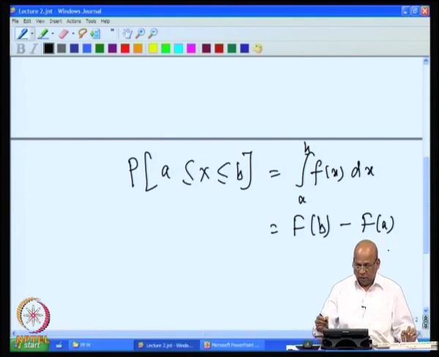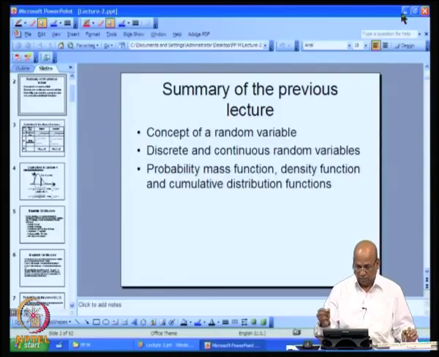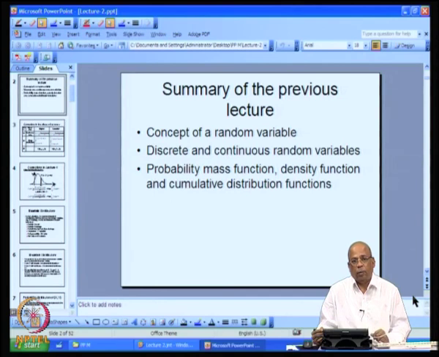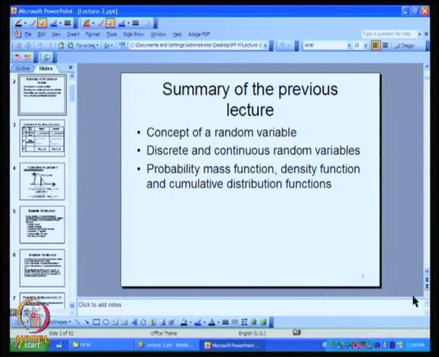Then we examined a few applications related to these in terms of simple numerical examples to drive home the point that we can estimate the probabilities from the given CDFs. We also indicated that the PDF is not in fact the probability, it is a probability density function, and therefore, the area under the PDF for a given range provides the probability of the random variable taking on values in that range.